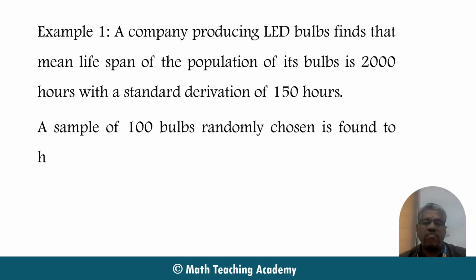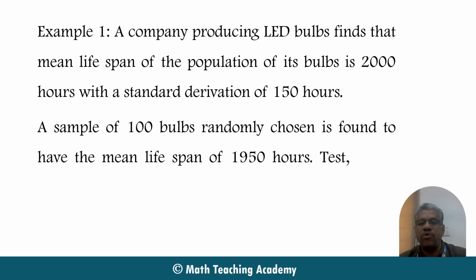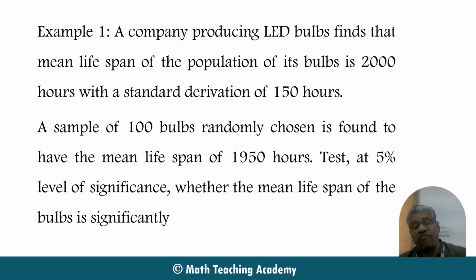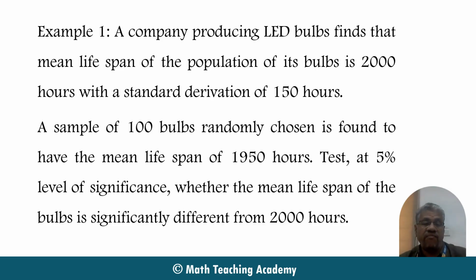A sample of 100 bulbs randomly chosen is found to have a mean life of 1950 hours. Test at the 5% level of significance whether the mean life of the bulbs is significantly different from 2000 hours or not.